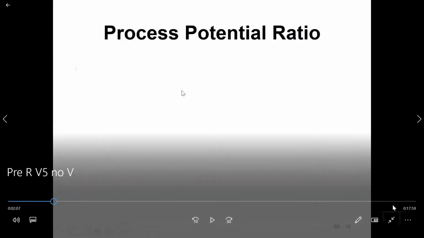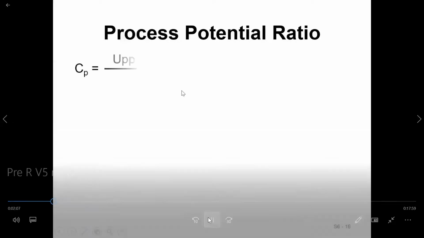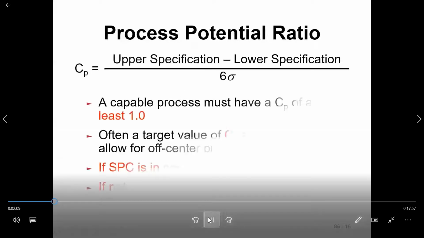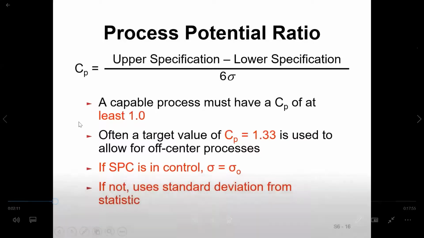We discussed the first process capability index earlier, with the name process potential ratio. I know we repeat. The thing to take note of here is that we want Cp more than 1, and traditionally we want Cp more than 1.33. At least 1, but preferably more than 1.33. Why? Because if this is your bar graph, let me try to draw it. Cp must be more than 1.